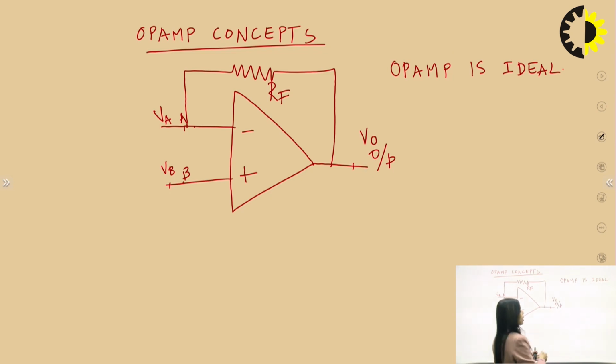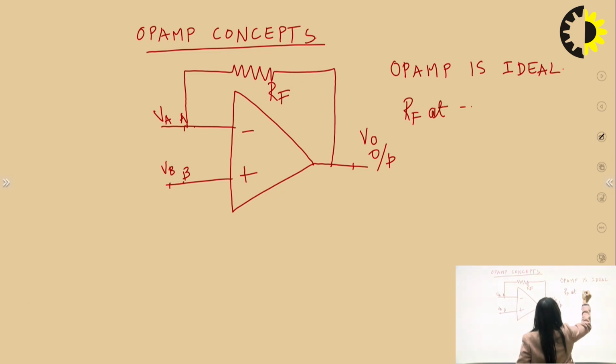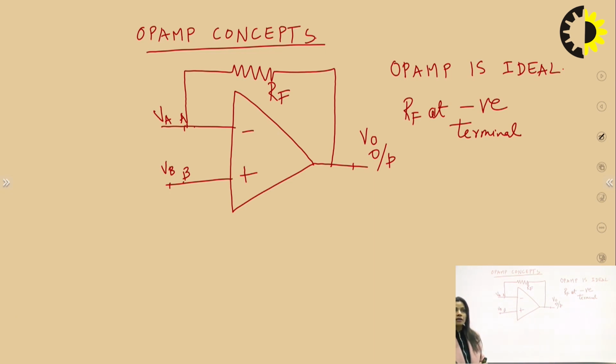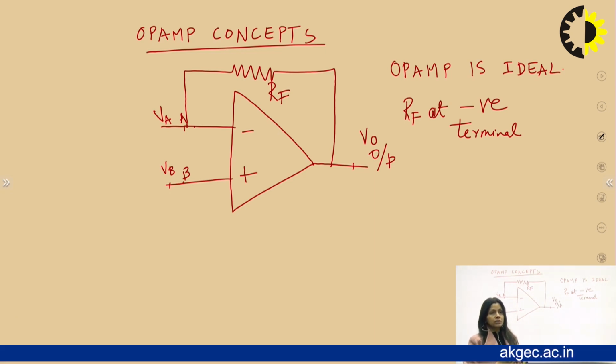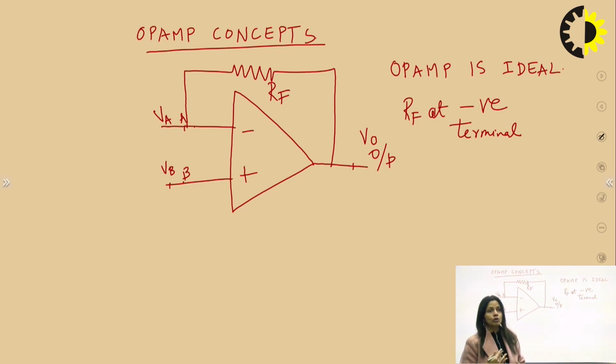Next point. So RF at inverting or negative terminal. The second point we must note, right? If these two conditions have been satisfied, then there are few points that we have to apply. The virtual ground concept of the Opamp, right?